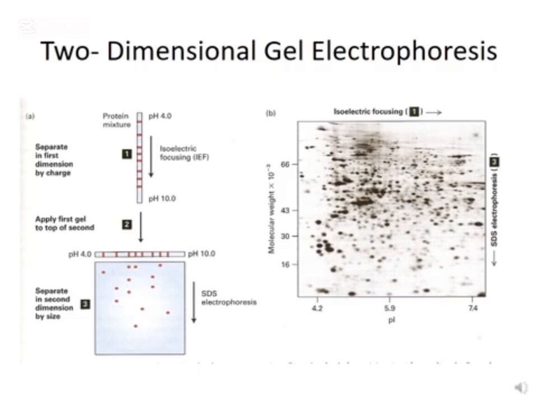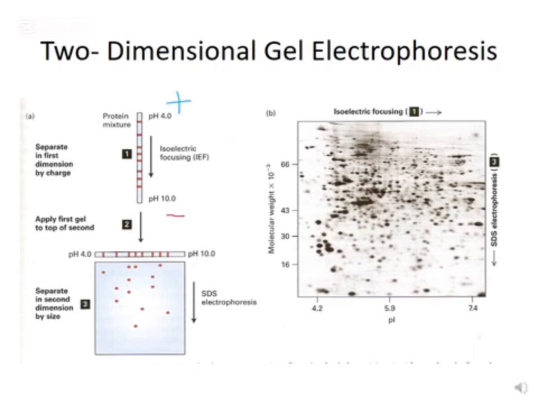The pH gradient has a very low pH where hydrogen ion concentration is high, giving it a positive charge, while a high pH has a very low hydrogen concentration, giving it a negative charge.